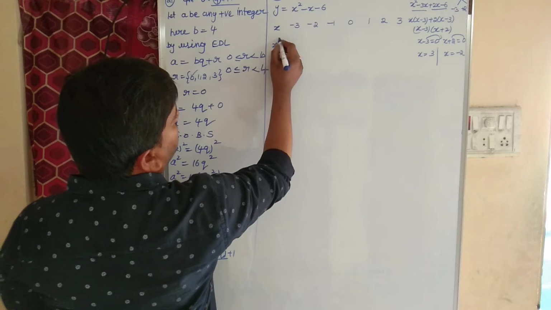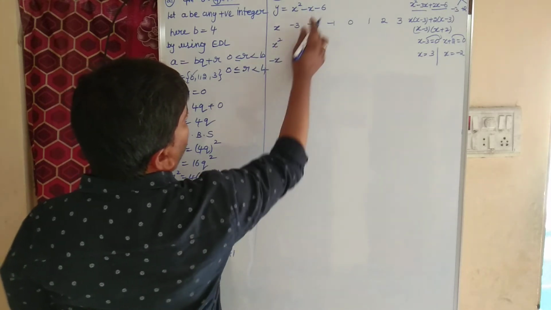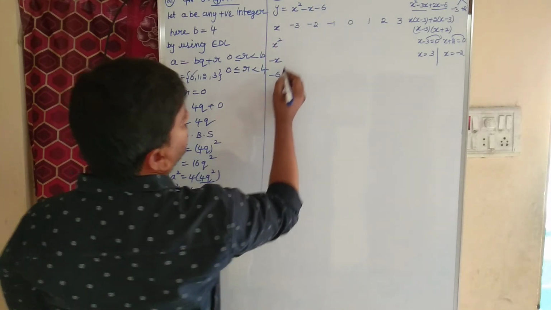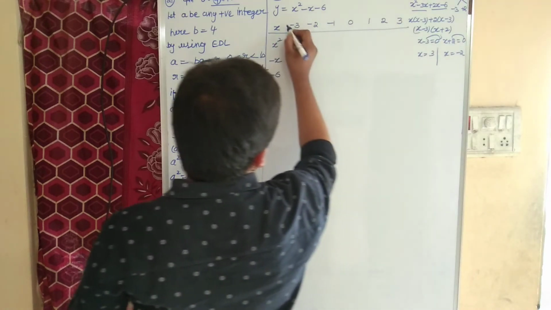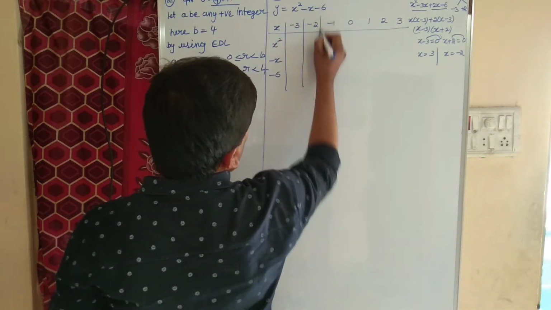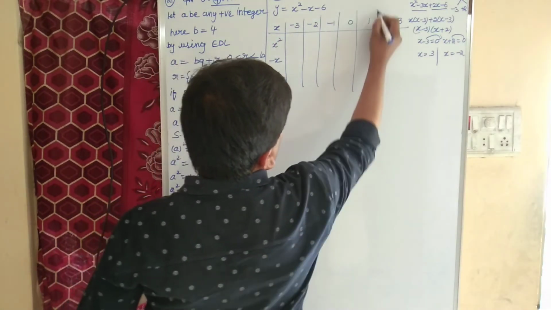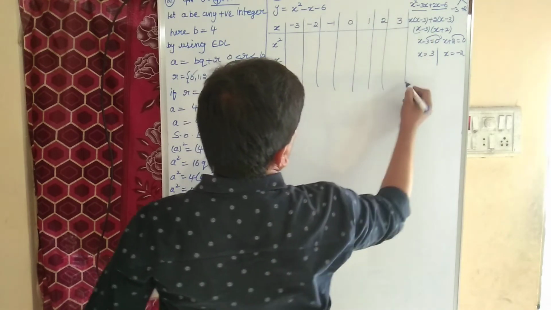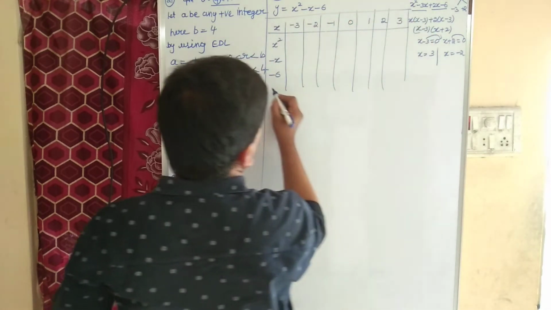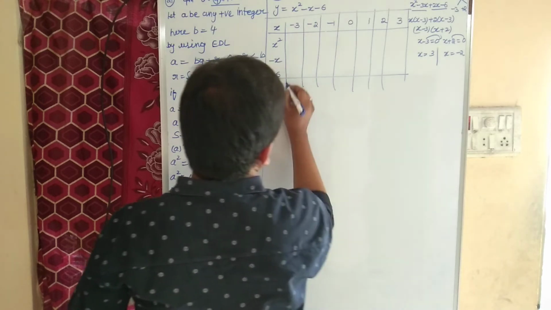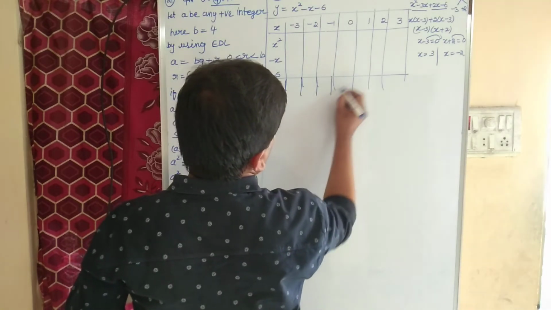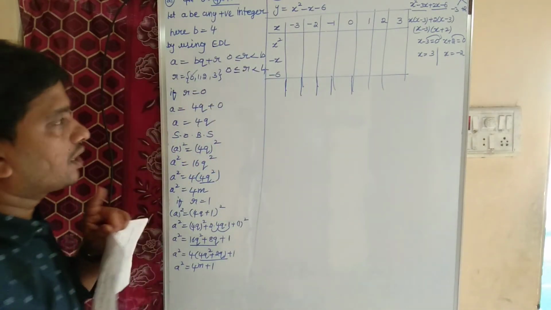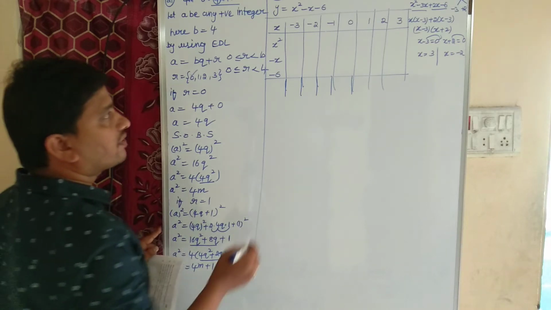So first term x square, second term minus x, third term constant. First we need to find x square.